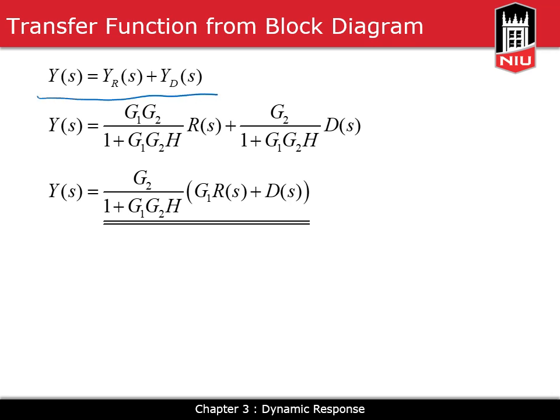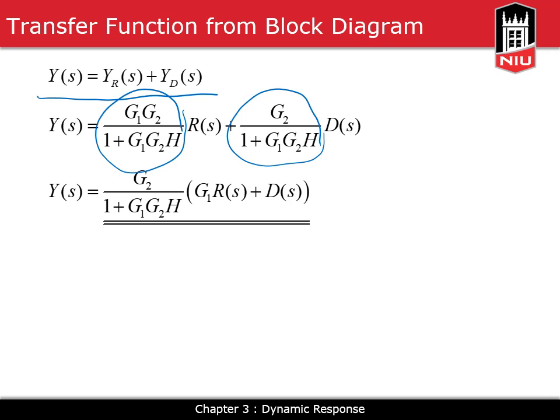So the overall output is the output created by R plus the output created by D. Transfer function from R to Y times R plus transfer function from D to Y times D.